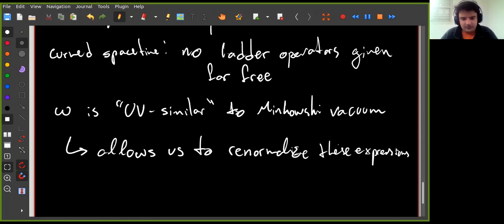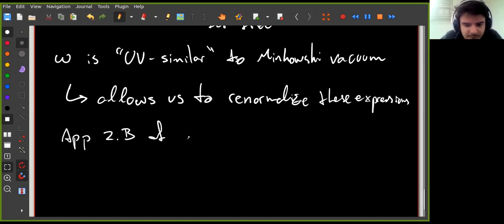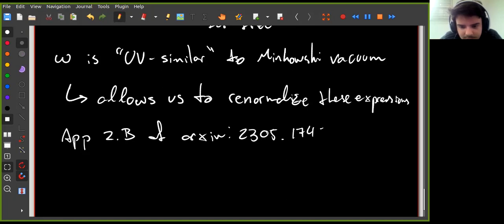So if you want to read a bit about this, you can see, I think it's appendix 2B of my thesis, which is 2305.17453. So in that there is a discussion about how exactly you do these renormalization procedures.